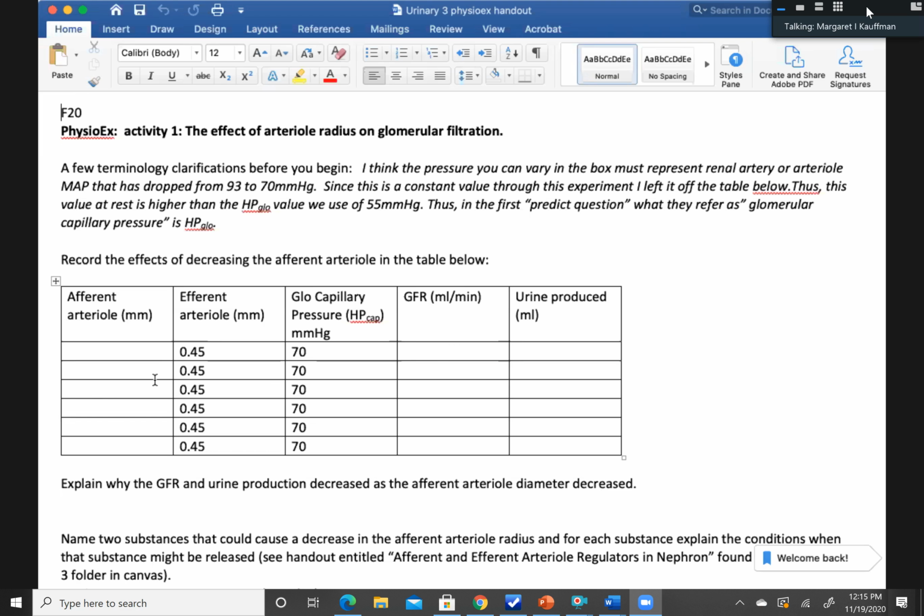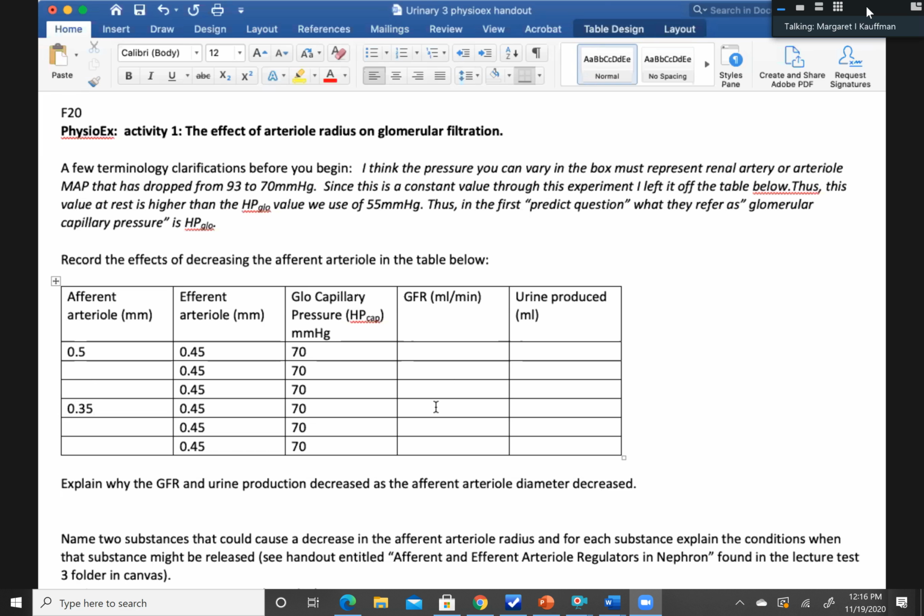I'll put some numbers in here, although this is my original, 0.5 gets to something like 0.35. So we're not talking a big diameter difference here, and yet you see the rate go from something like 59 to 11, or 0.